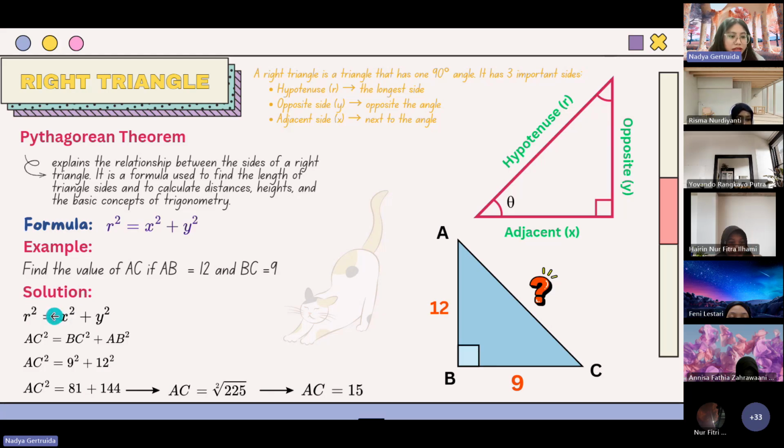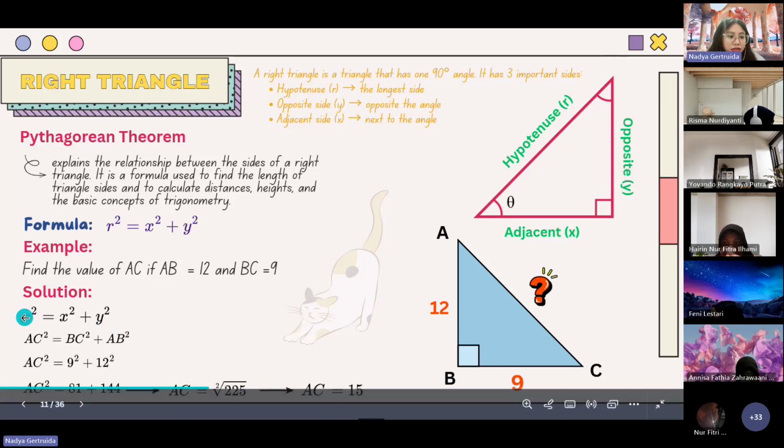R squared is equal to X squared plus Y squared, and substituting R, it becomes AC squared, and X is BC, Y is AB. So AC squared is equal to BC squared plus AB squared. Then we can substitute the values of BC and AB.